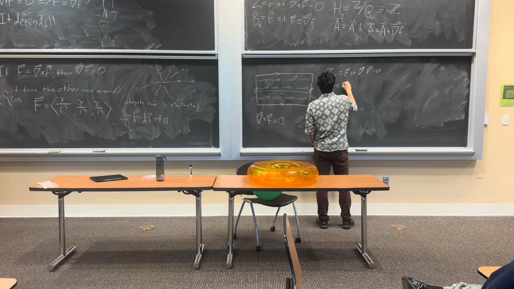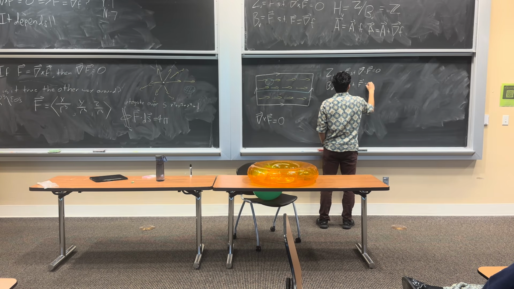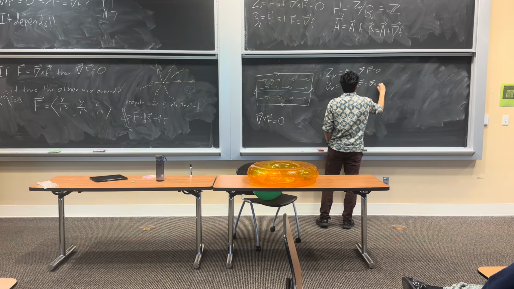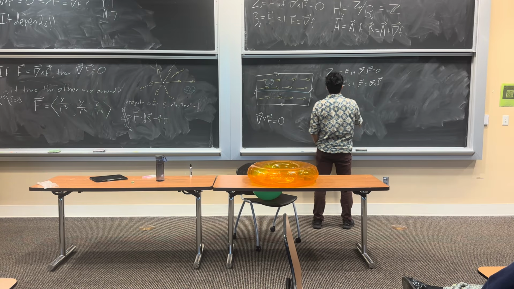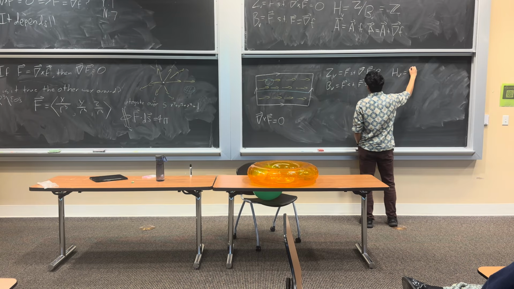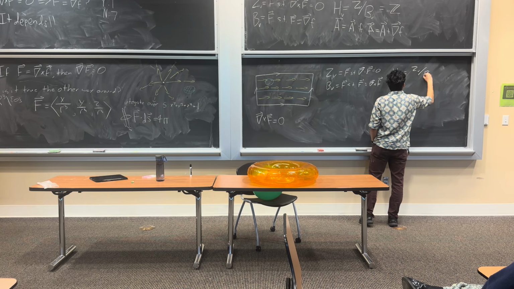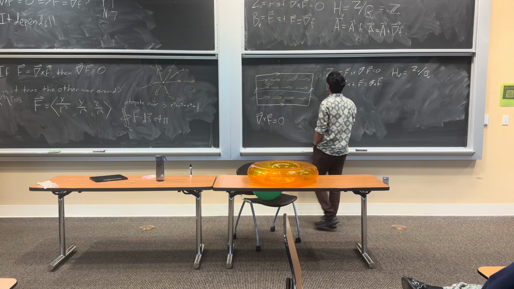VV is going to be the set of F such that F equals the curl of some other vector field. And H is going to equal ZV over VV.